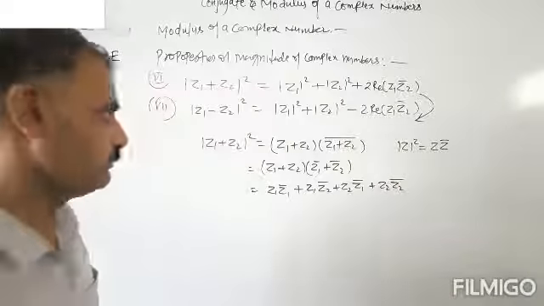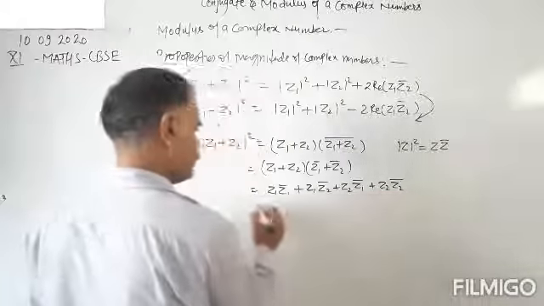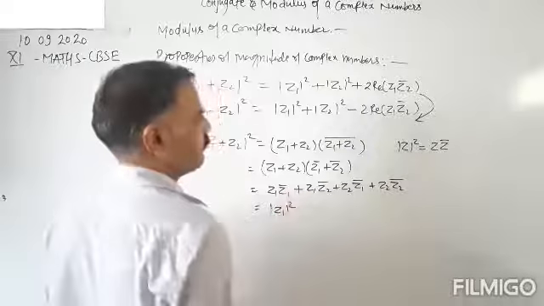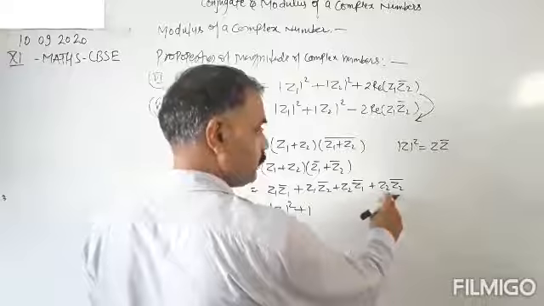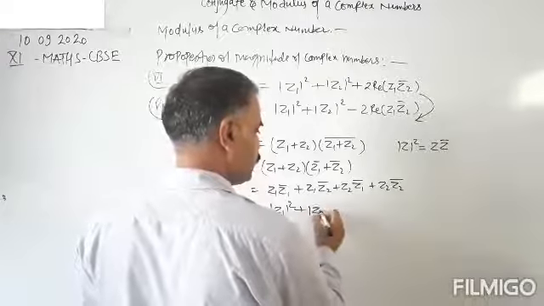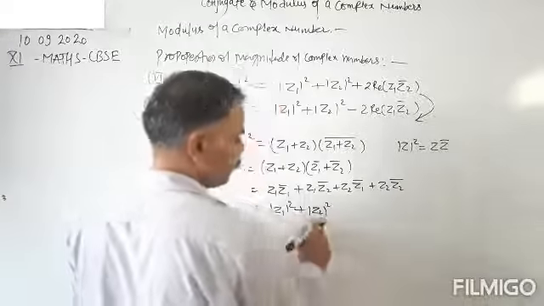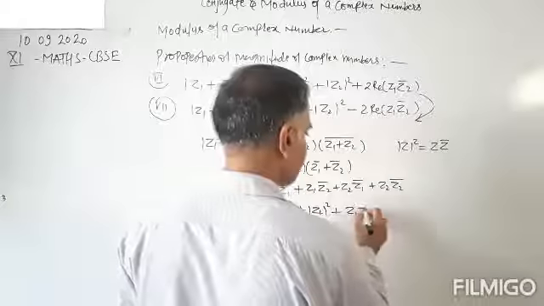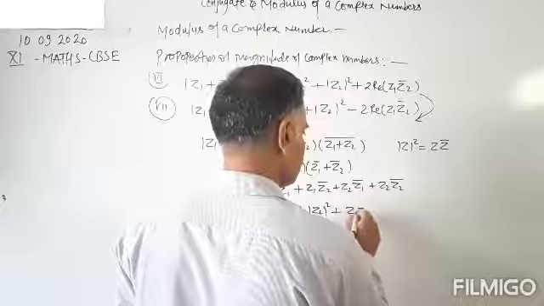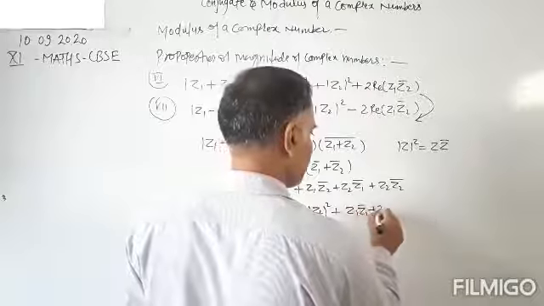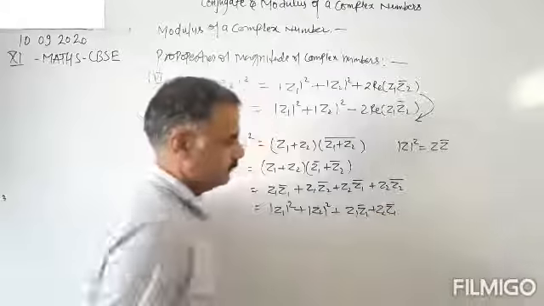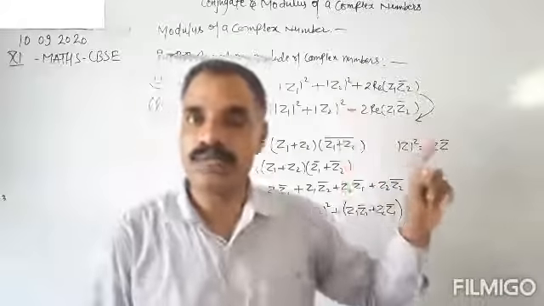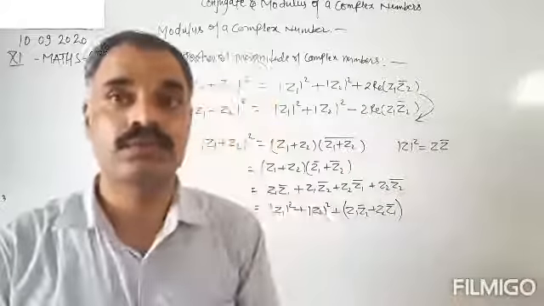Now this z1 into z1 conjugate is modulus z1 square, plus z2 into z2 conjugate is modulus z2 square, plus z1 into z2 conjugate plus z2 into z1 conjugate.